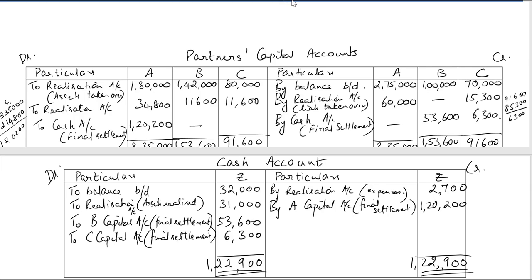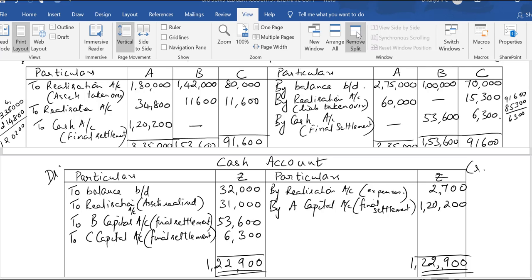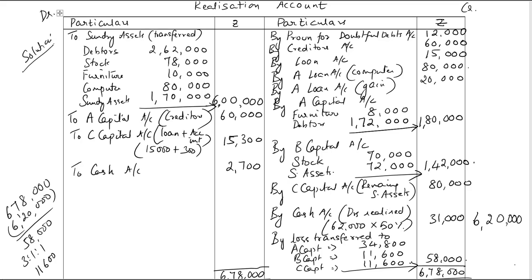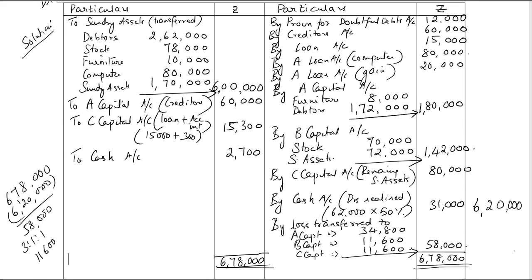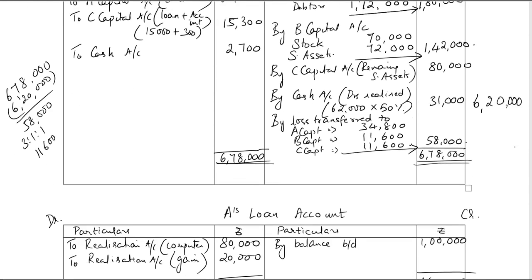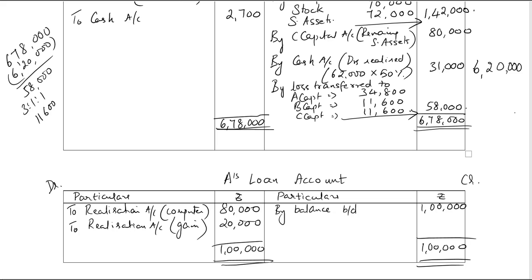I'll remove the split and we can view all the accounts. This is the realization account. This is partner's loan account, A's loan account.